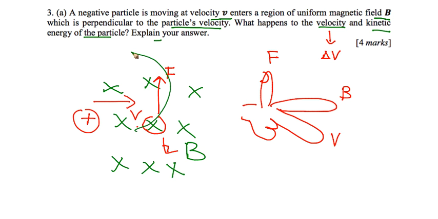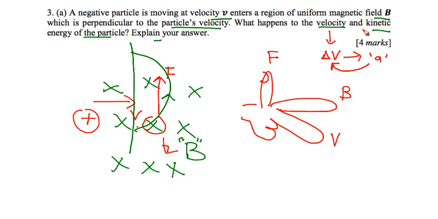So this is the direction after the particle enters the magnetic field B. This is the direction of the positive charge. So this is a circular motion, right? When the particle moves in the circular path, the particle has an acceleration. That's why the particle has a change of delta V.